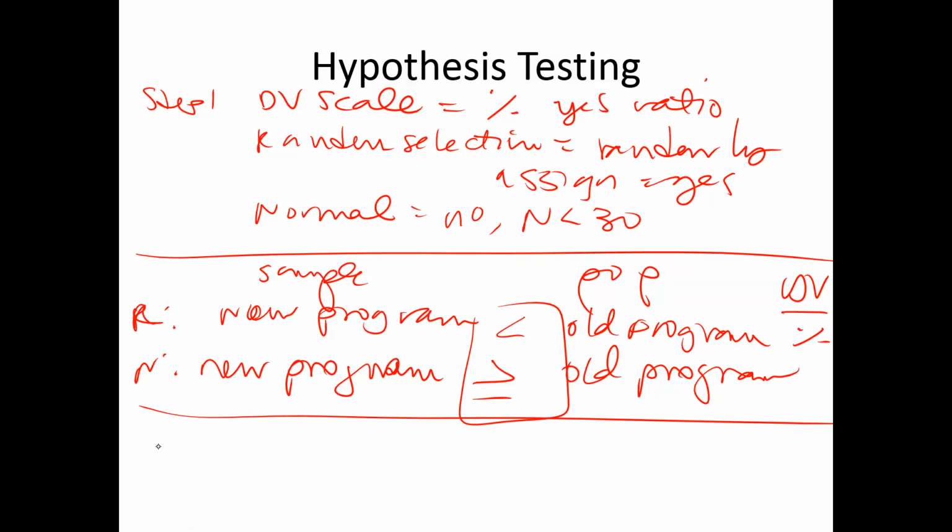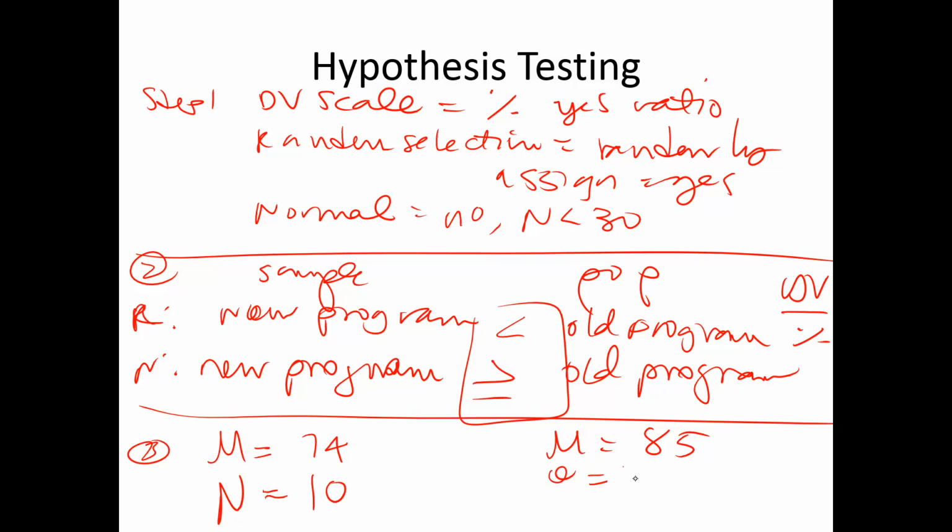All right, step 3 here, so this is 2 and 3, is to label your numbers. So my sample mean is 74. I calculated that by using SPSS and doing descriptives. My sample size is 10. Okay. Population mean is 85. And then my standard deviation is 14.2.